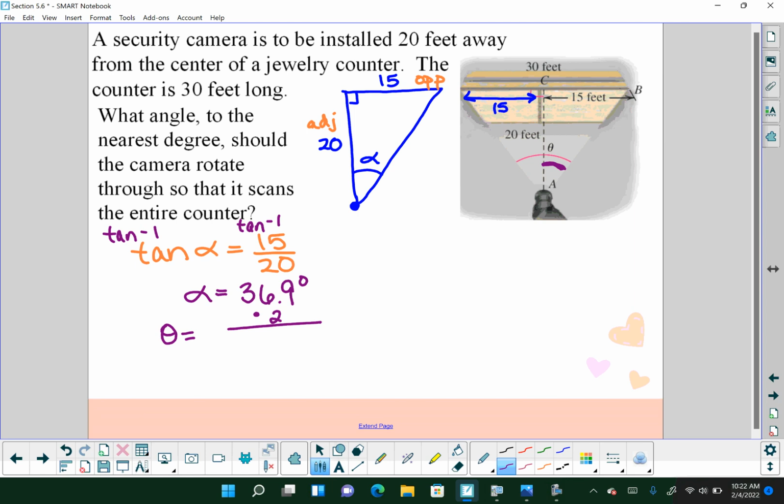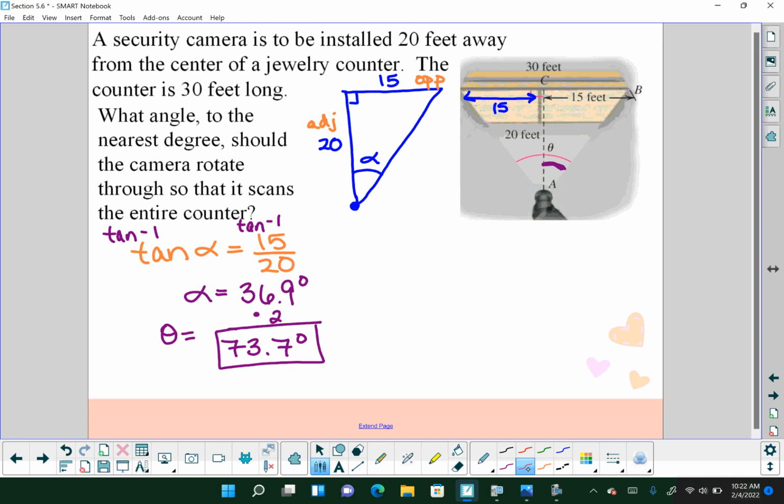I'll use the 73.7 because I didn't round that in my calculator, would be my answer to the nearest tenth. Okay, and that will wrap up section 5-6. It also wraps up our chapter 5.